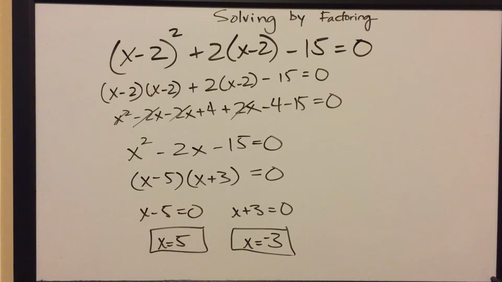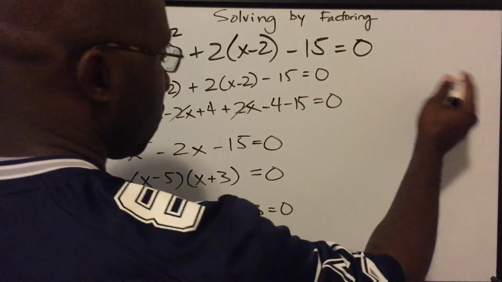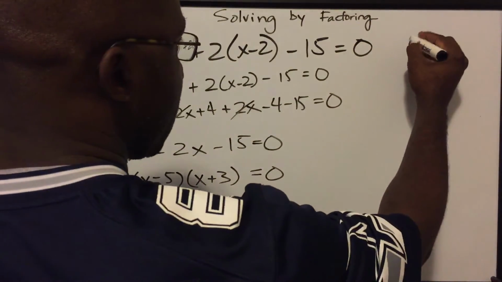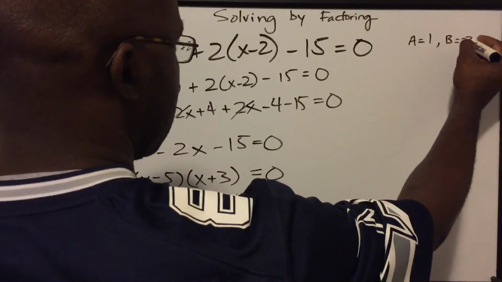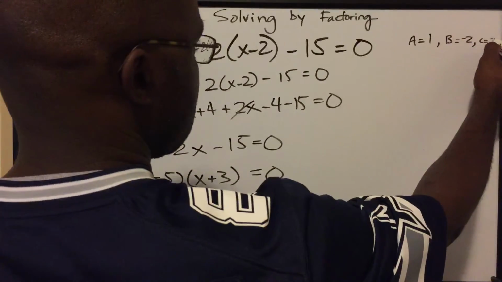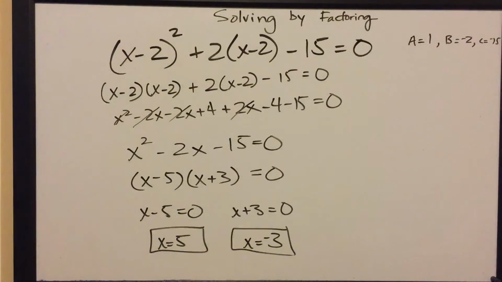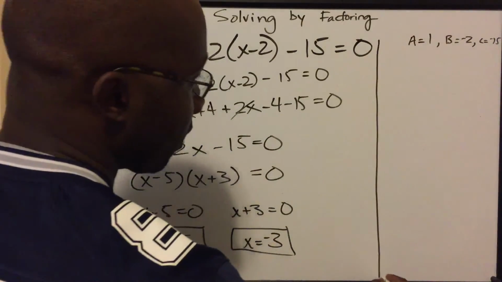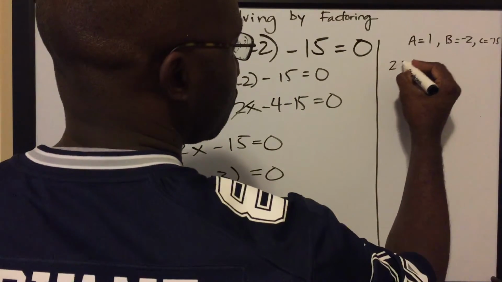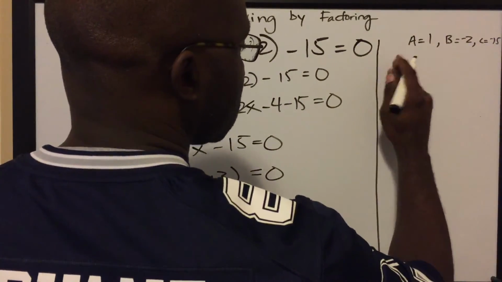As I said, with the quadratic equation, we know our A was 1, our B was minus 2, and our C was minus 15. We could have just plugged all that right in. Let me write the equation.